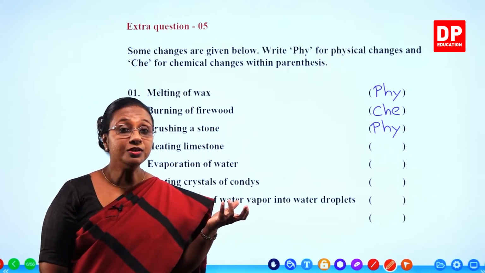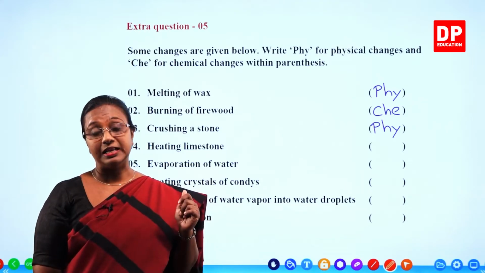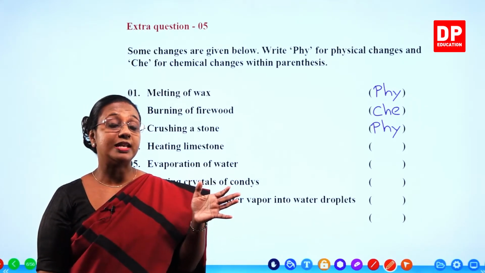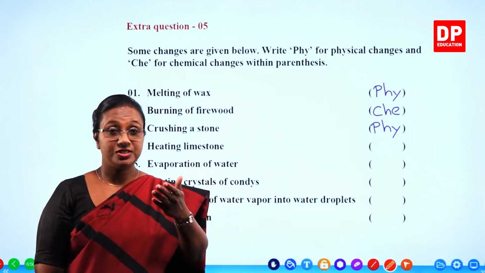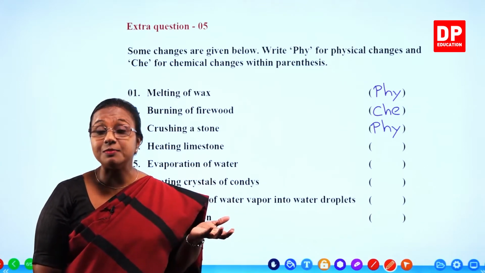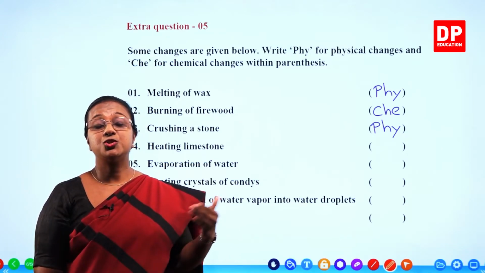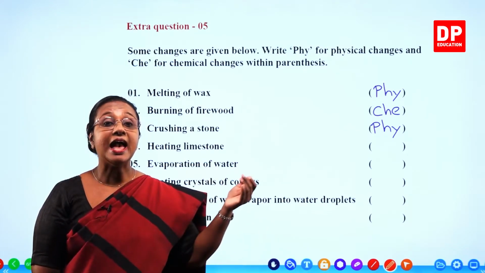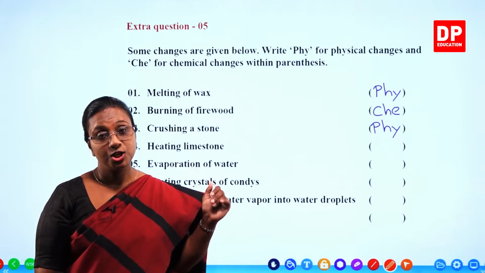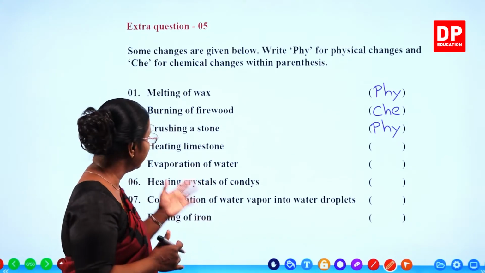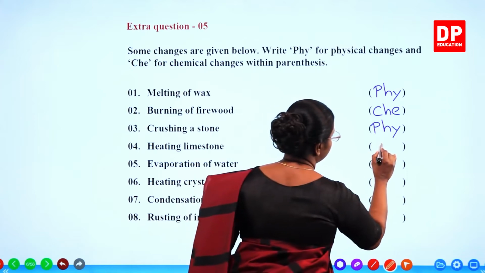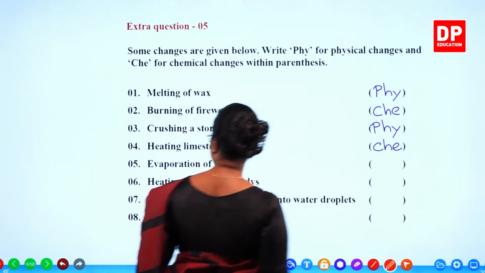What is limestone? Calcium carbonate. And when you heat limestone, what happens? It decomposes. It is an example of a chemical decomposition reaction. Calcium carbonate decomposes to produce calcium oxide and carbon dioxide. So, that is a chemical change, heating limestone, chemical change.